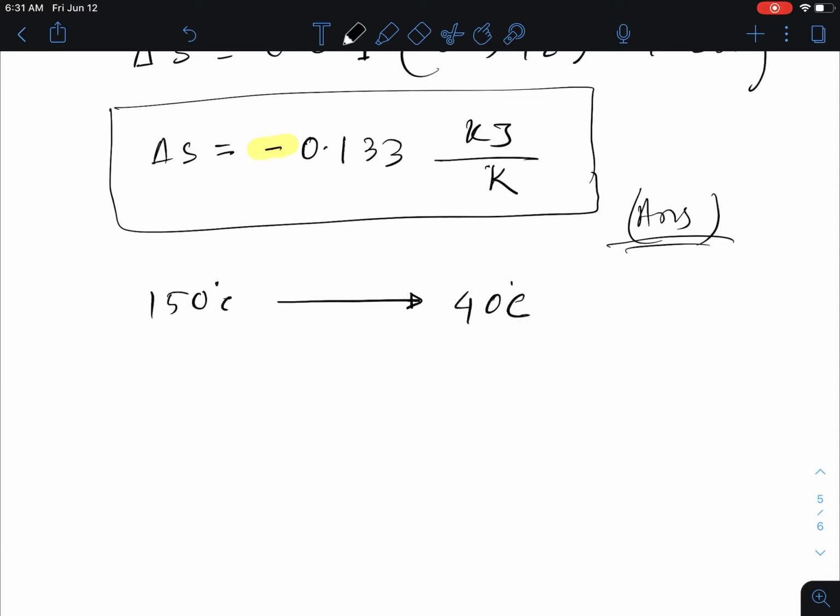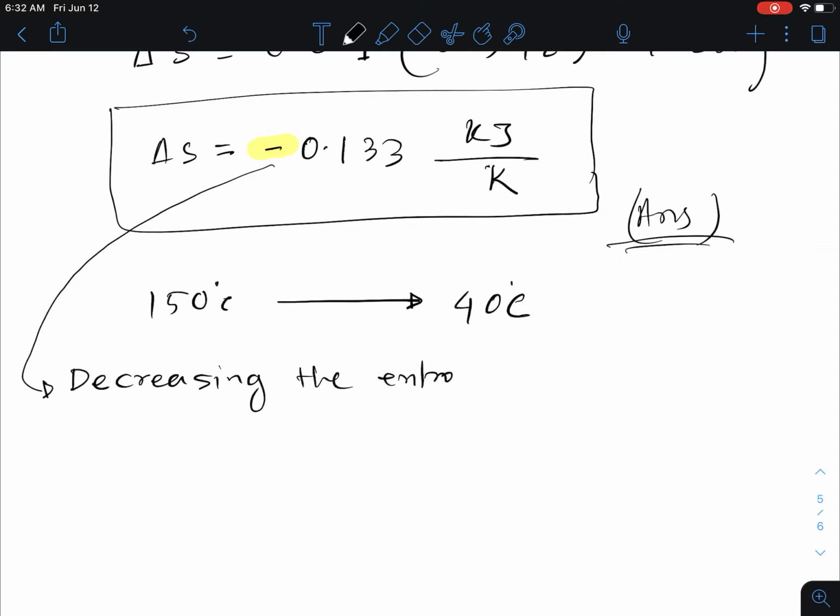So it's losing heat, so it's also losing entropy. That's why the entropy is decreasing. That negative sign means a decrease in entropy.